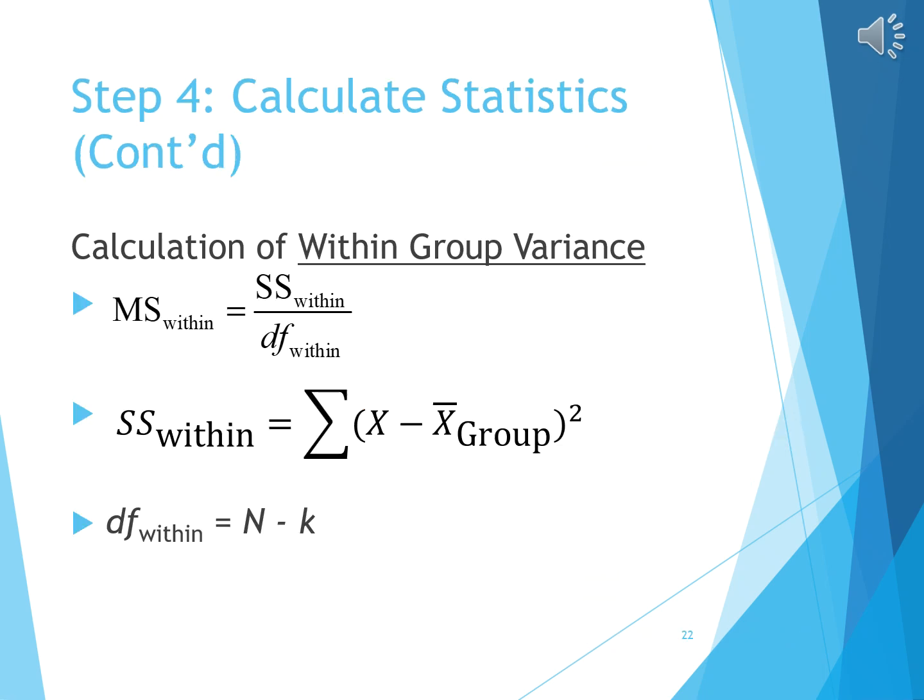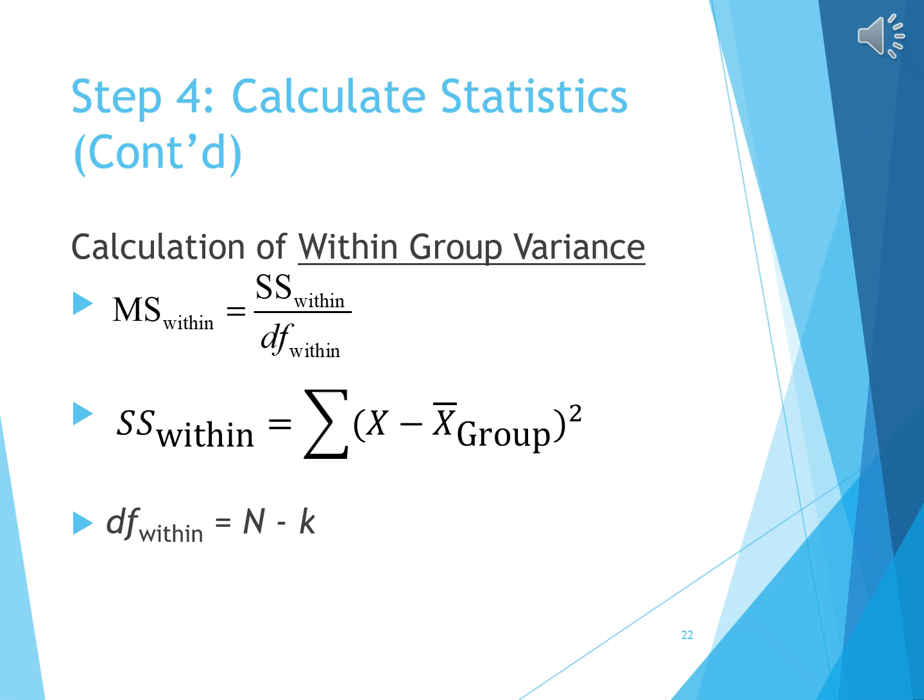All right, now we've got to calculate the within group variance, which is also known as the mean squares within. Mean squares within is calculated by taking the sums of squares within and dividing it by the degrees of freedom within. Breaking that down a little bit further, the sums of squares within is literally just the sum of the sums of squares of each of the groups.